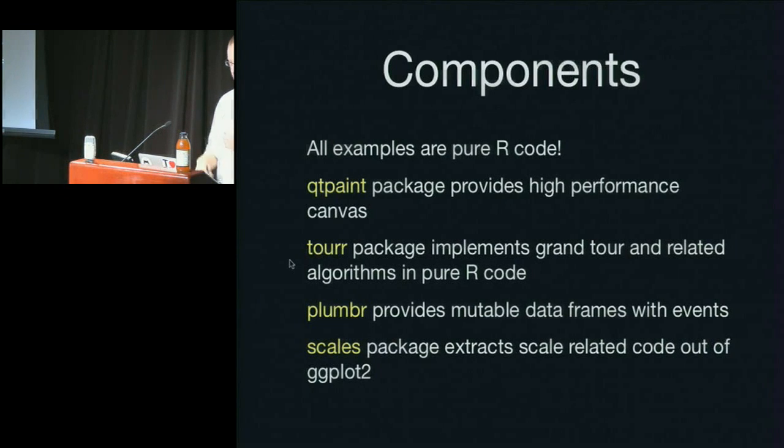In two other packages, so the tour package, you've really got to roll that R. There's two R's there. It implements basically the ideas behind the grand tour from GGobi in pure R code. Again, surprisingly, it turns out you can implement a lot of these things.